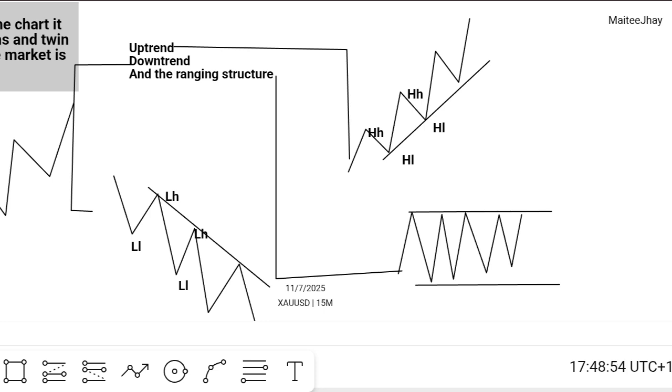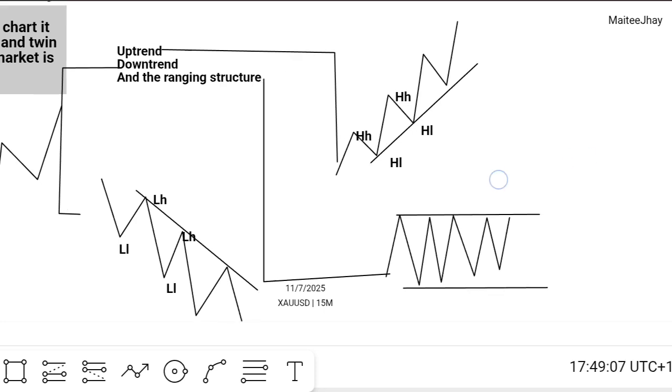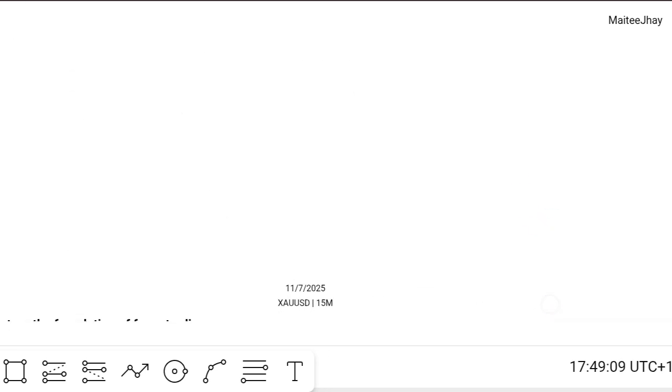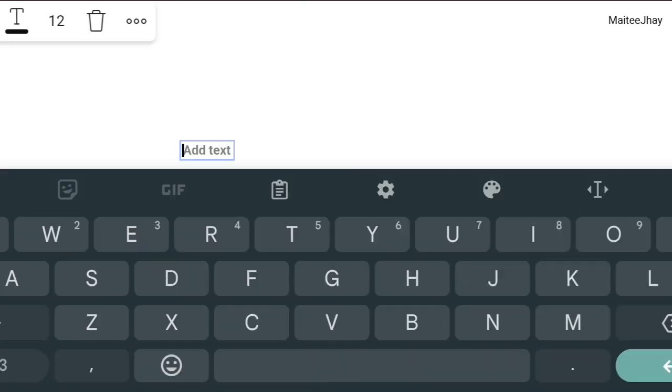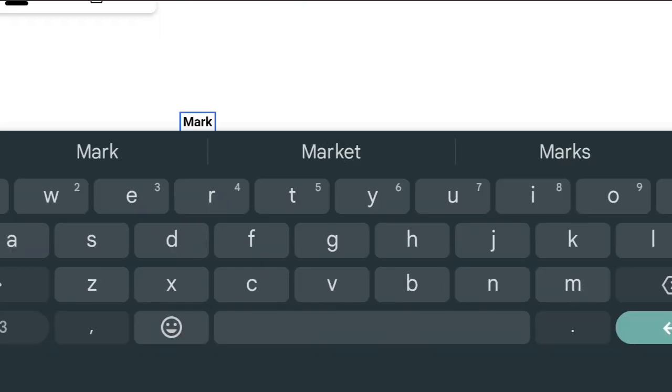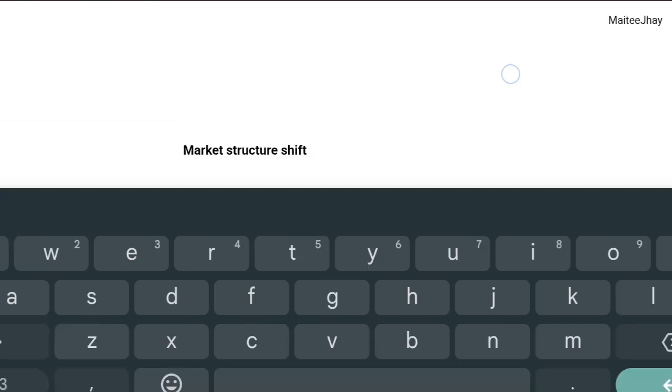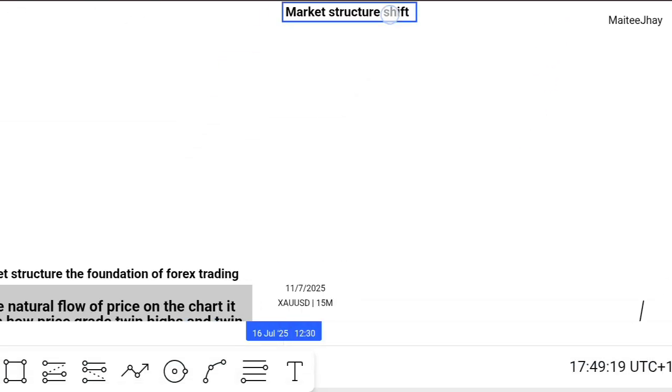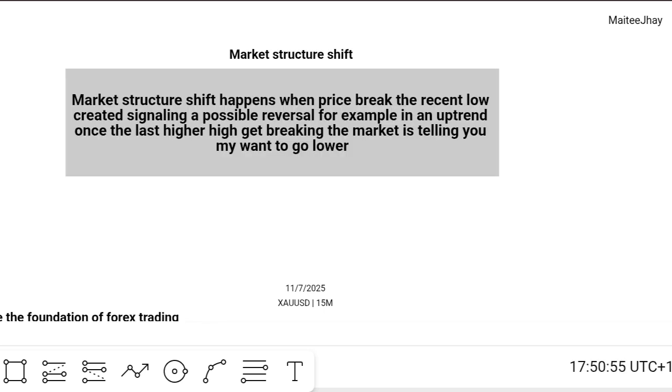The last higher low gets broken, and the market is telling you it might likely want to go lower. Let me first write that down.